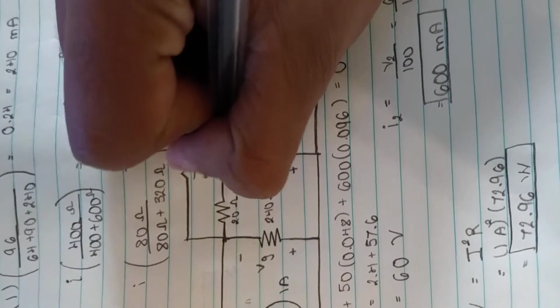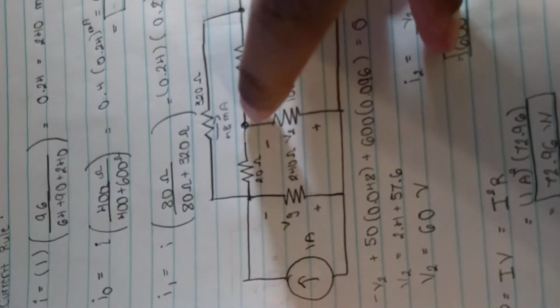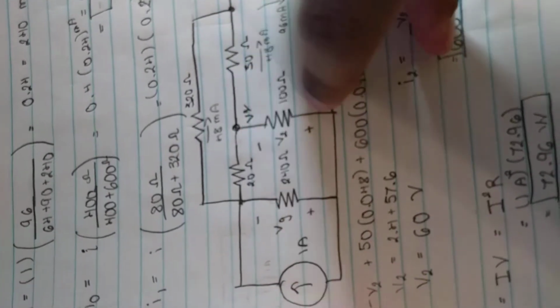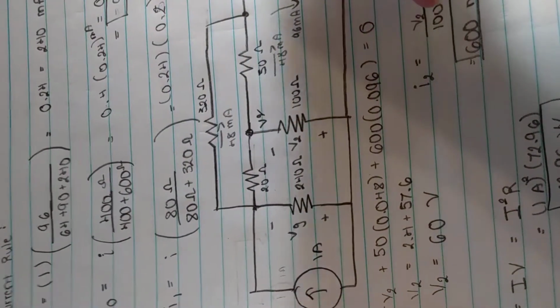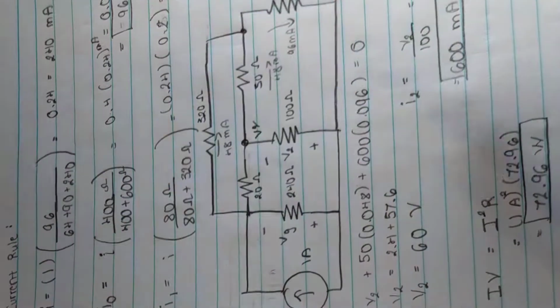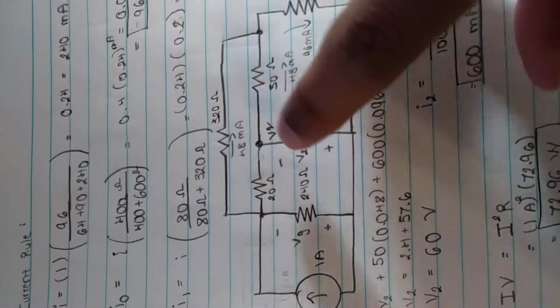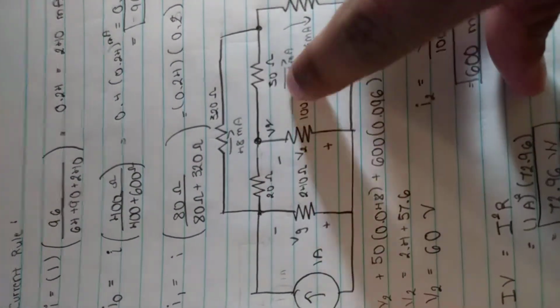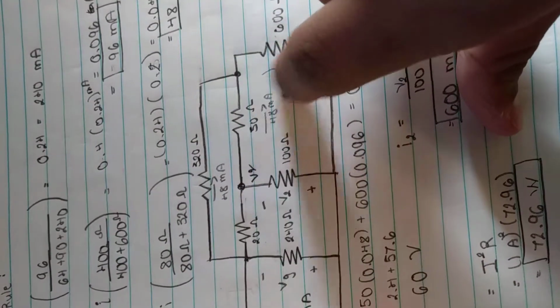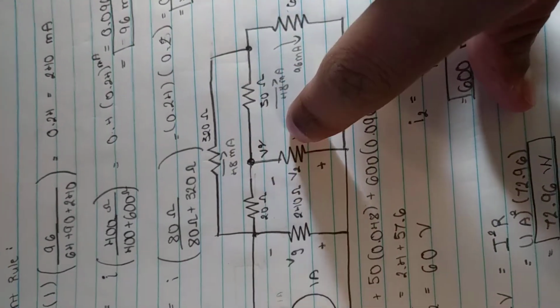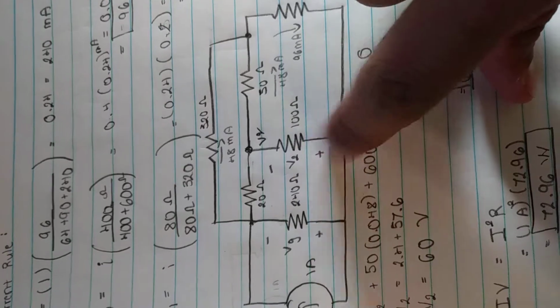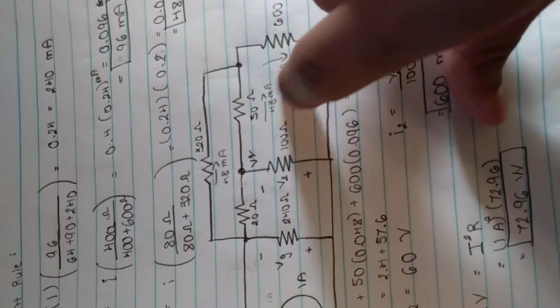Let me mark that for you guys. Right there. V2 is equivalent to the V that goes across the 100 ohm resistor, because voltage is always the same in parallel. So this has the same voltage across it as these two resistors have.